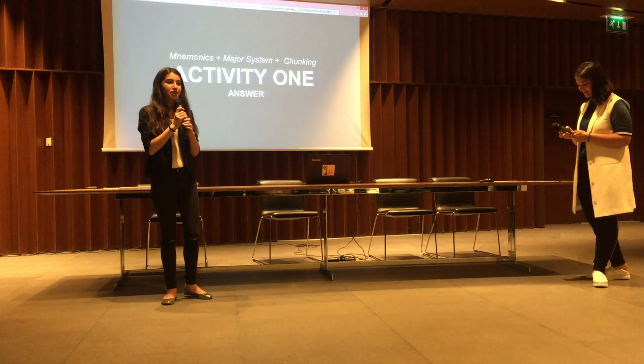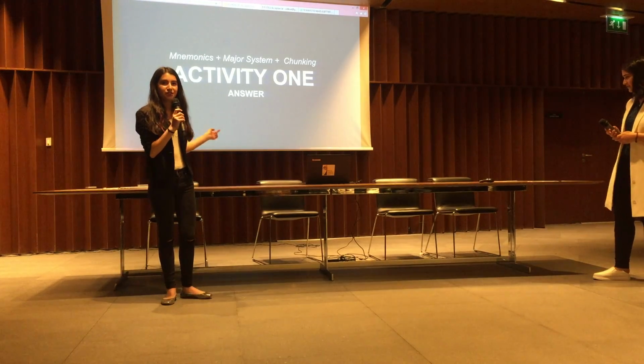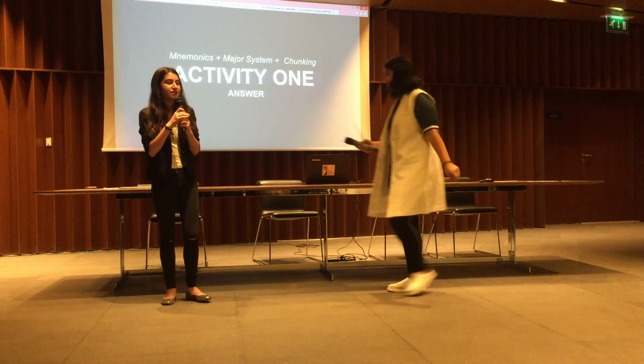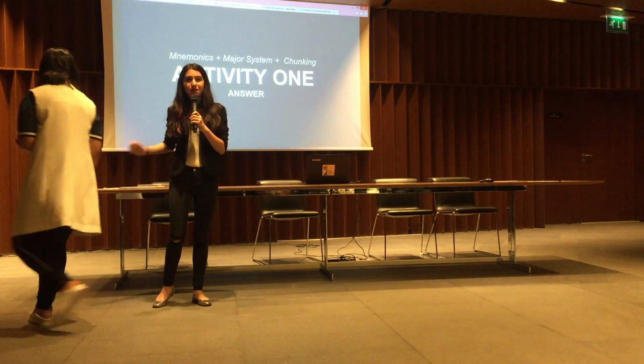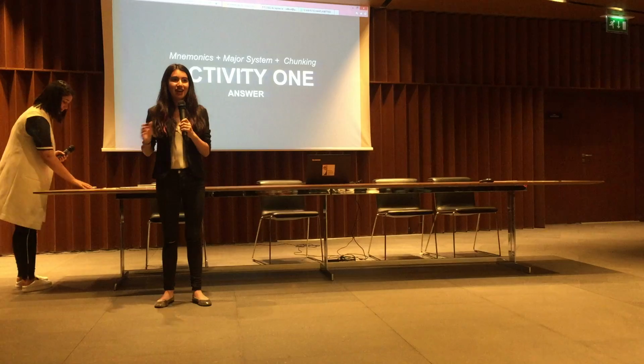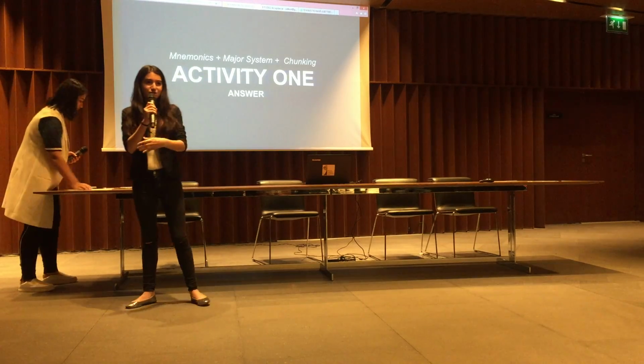So now we're going to call back up the 4 people that volunteered for the first activity, and we're going to have them write down the number sequence on a paper. We're going to give them 15 seconds and see if they get it right. And the audience, you can participate too.